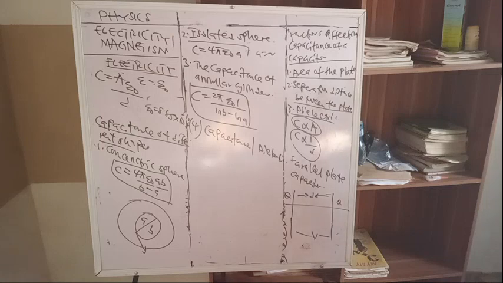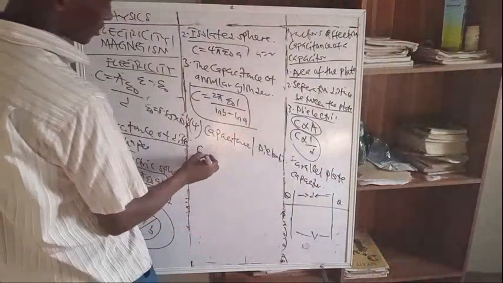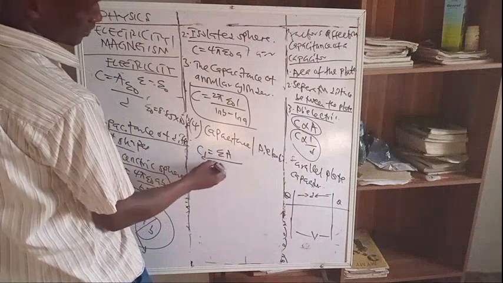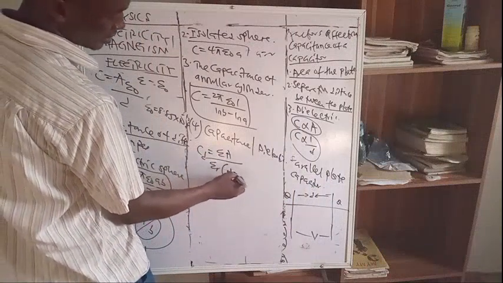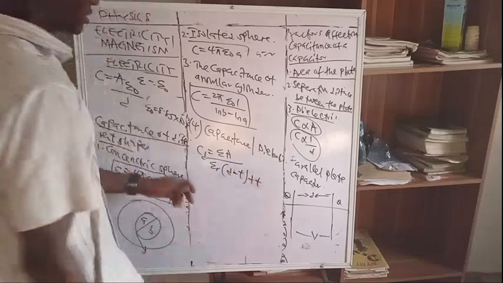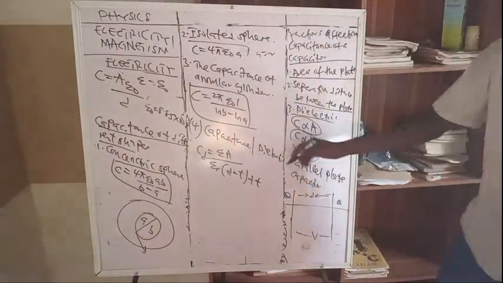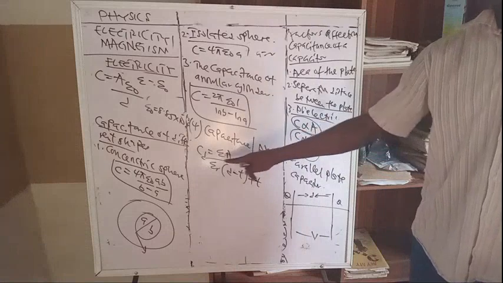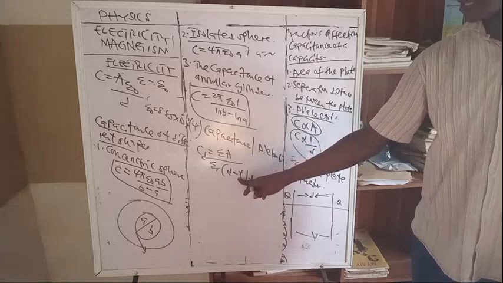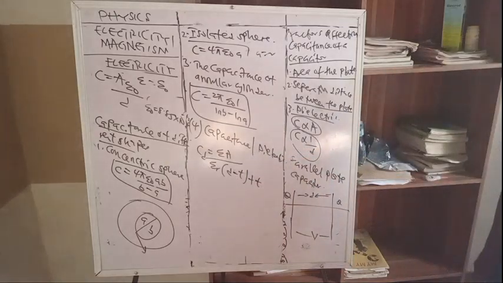C dielectric is equal to E A over ER into, open bracket, D minus T, close bracket, plus T. That's the formula. Your T there is the thickness. So your absolute permittivity multiplied by area over relative permittivity, open bracket, distance minus thickness, plus thickness, is what we have as the capacitance with a dielectric.